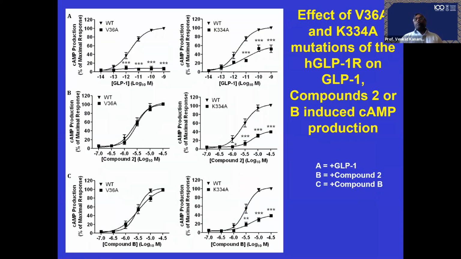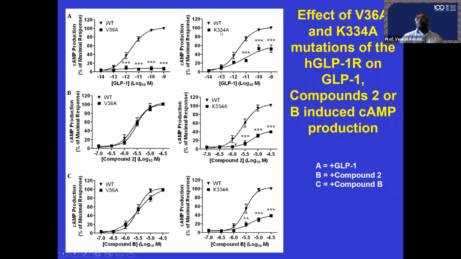We also made two mutants, one required for GLP-1 binding and one required for coupling to Gs, and studied the effect of these mutants on activation of the receptor by GLP-1, compound 2 or compound B. Because V36A is known to inhibit GLP-1 binding, when we made this mutation the receptor no longer binds the ligand, and therefore we don't see any production of cyclic AMP.